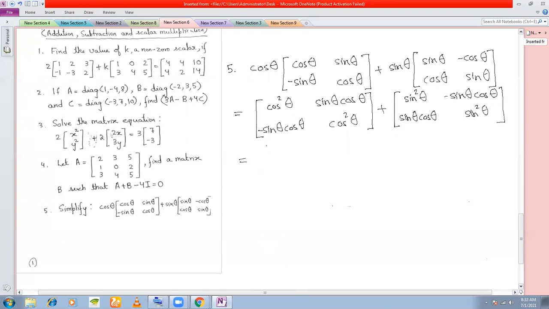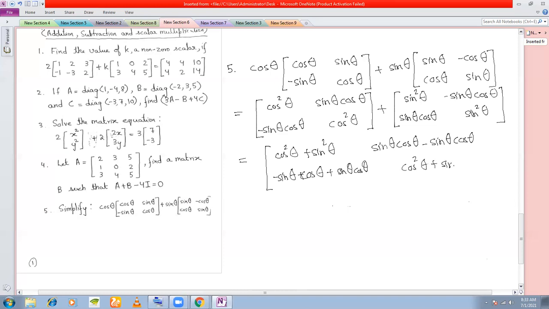Now you add these two: cos²θ plus sin²θ. Here you get sin θ cos θ minus sin θ cos θ. Here again you get minus sin θ cos θ plus sin θ cos θ. And here you get cos²θ plus sin²θ.